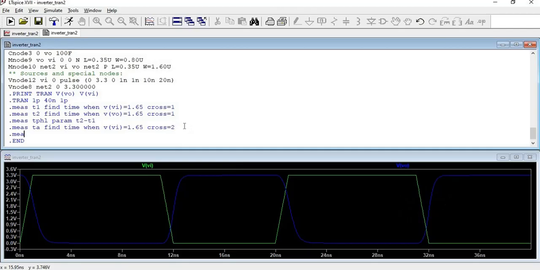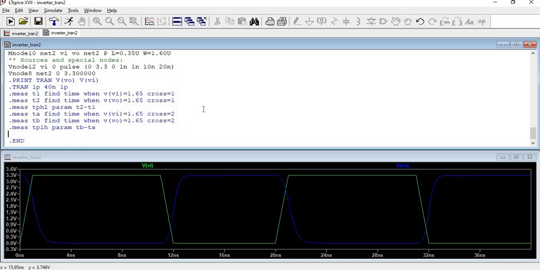That measure TB, find time when V out is equal to 1.65 cross is equal to 2. You can use then that measure TPLH, TB minus TA.